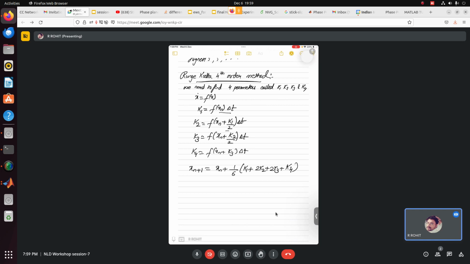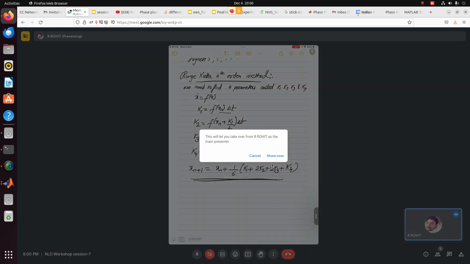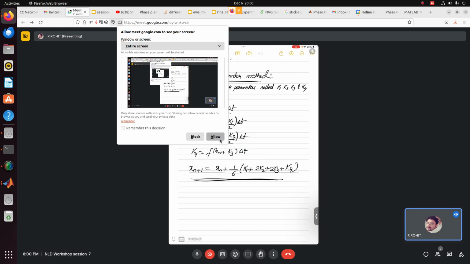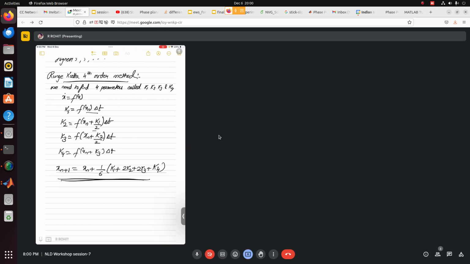This is the final equation that you use to get the next value of the solution x of t at the next point. We will first see how this Runge-Kutta works, and then see what the problem with numerical integration is and how much accuracy you can get.